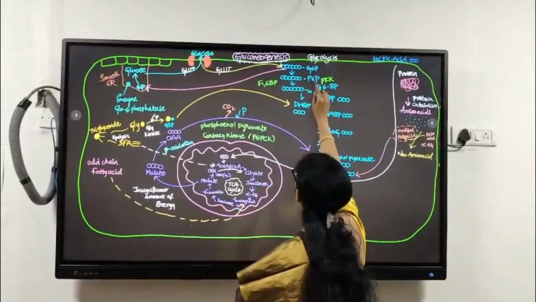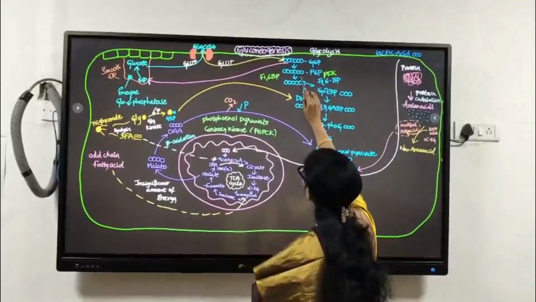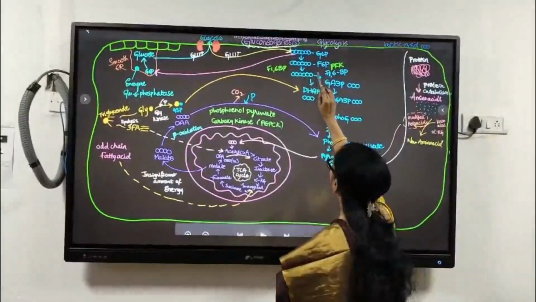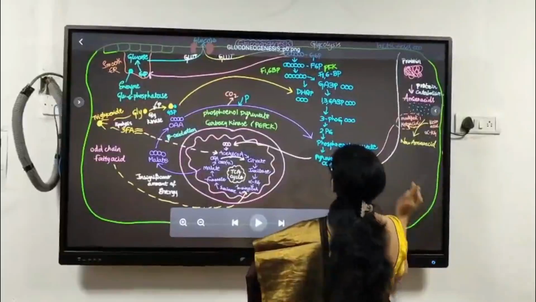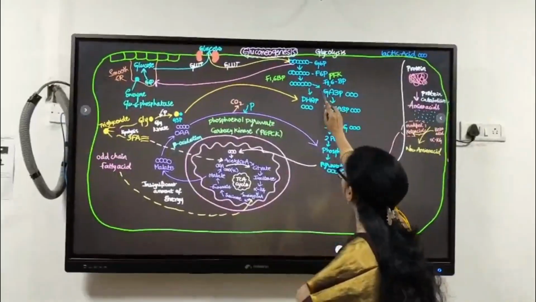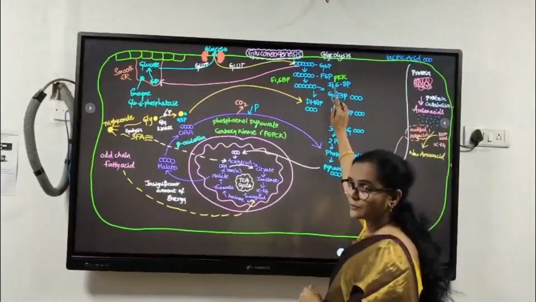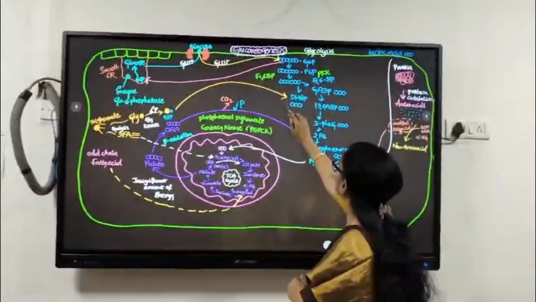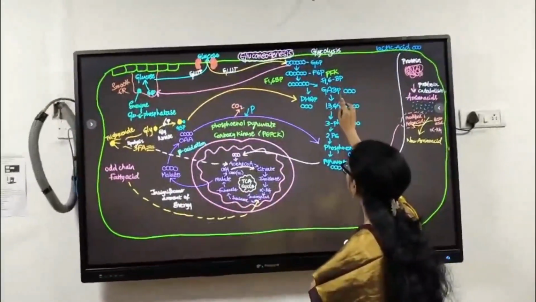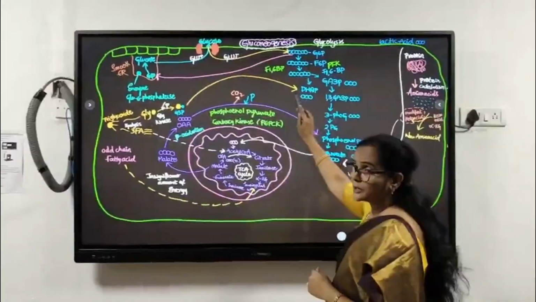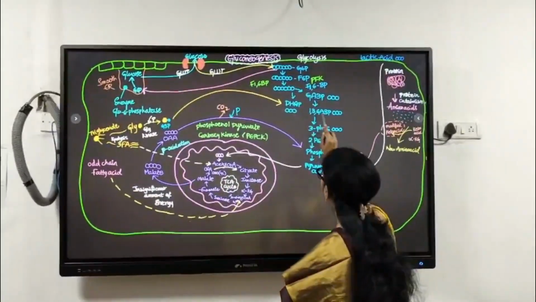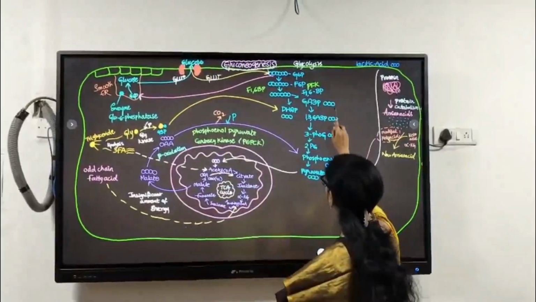Then glucose 6-phosphate is isomerized to fructose 6-phosphate, and fructose 6-phosphate to fructose 1,6-bisphosphate is formed with the help of phosphofructokinase. Then fructose 1,6-bisphosphate is split into two 3-carbon compounds, that is DHAP and glyceraldehyde 3-phosphate.